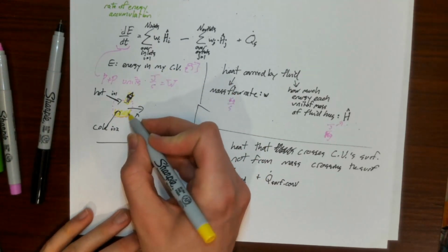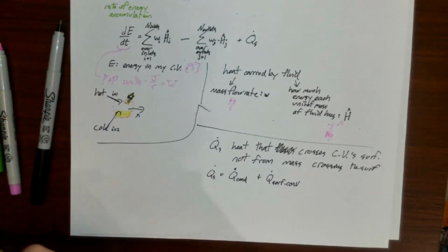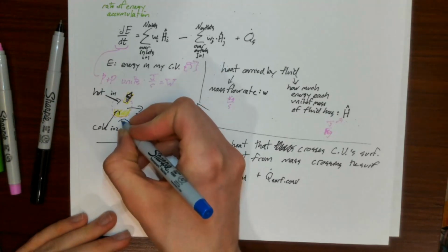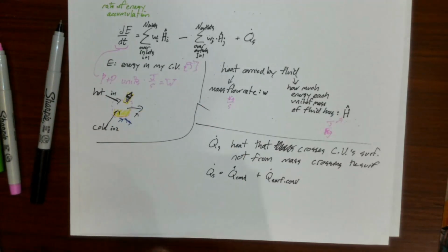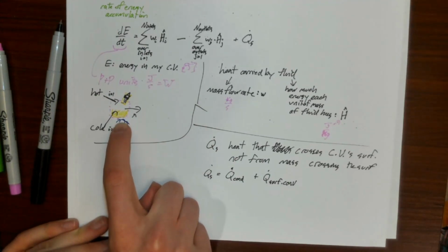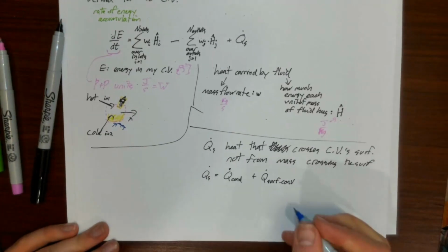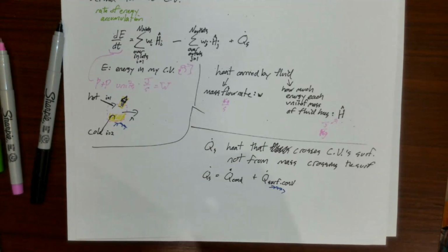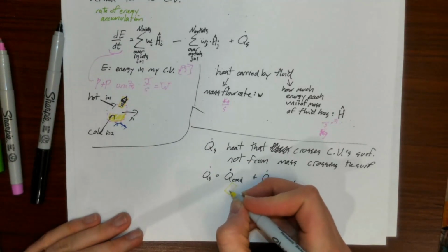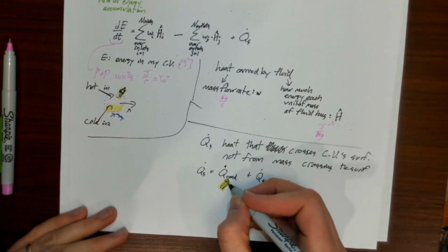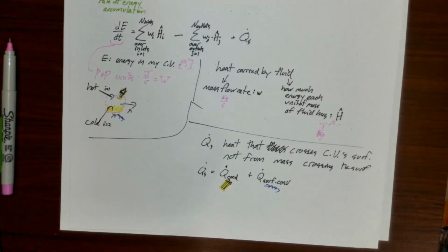Let's say this part is solid, but then I have some fluid not crossing the surface like it is for these inlet streams, but just flowing against the surface. This fluid's mass isn't crossing into or out of the control volume, but it could carry away some heat. That's this phenomenon right here, whereas for conduction, I could have some block of copper that crosses the control volume surface and some heat that's conducted out of that.